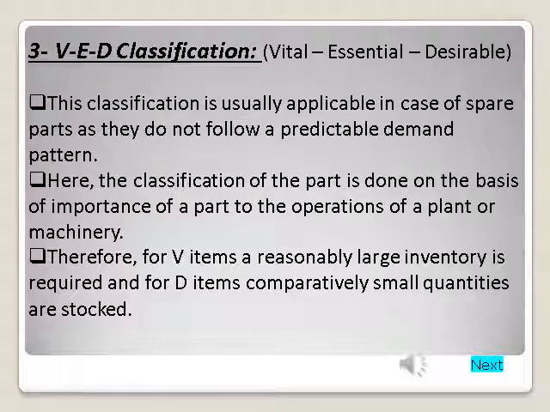As you can see, this classification is usually applicable in the case of spare parts, as they do not follow a predictable demand pattern. Hence, the classification of the part is done on the basis of the importance of the part to the operations of a plant or machinery. This is very important.